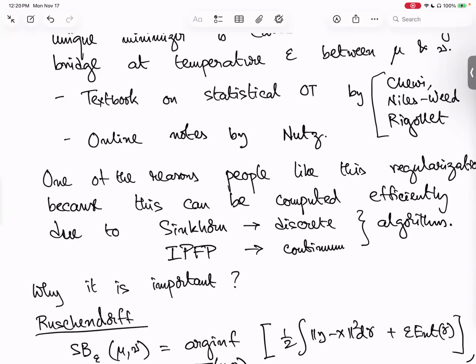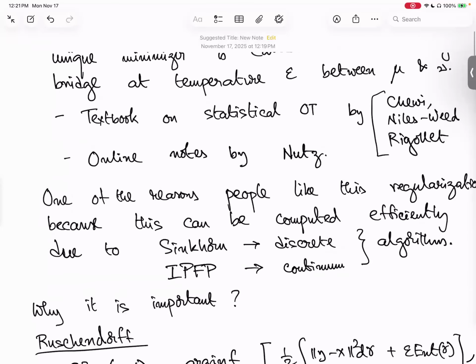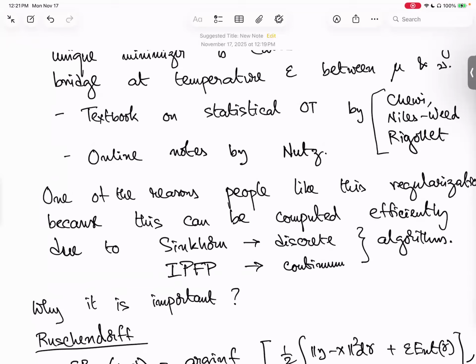So if your data is coming from a 50-dimensional problem, you essentially have no power. You just cannot do this. The space is too large. But we can show that for every positive epsilon, you can estimate the entropy regularized problem at n to the power minus 1/2, the parametric rate, assuming the densities are nice; sub-Gaussian densities are enough. So that's one. And the other part is how good you are as epsilon goes to 0.